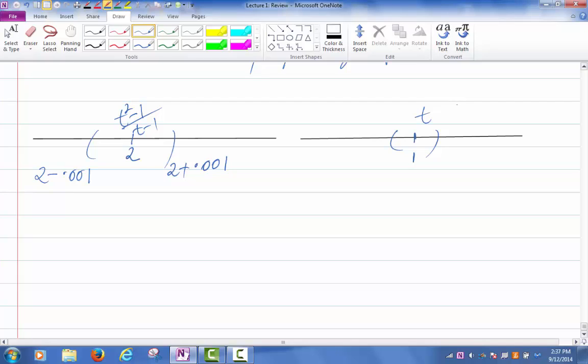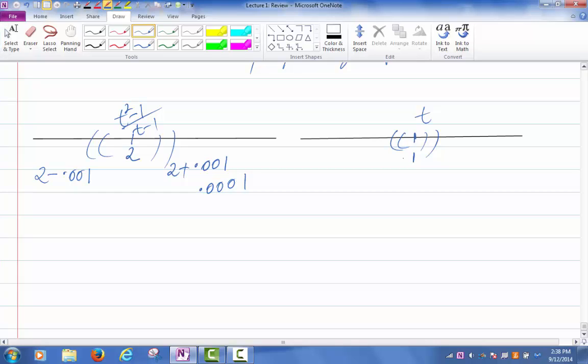Now, somebody else might desire 0.0001 instead of 0.001. That means I want the ratio to be even closer to 2. Can I do that? Well, maybe I have to pick a smaller interval centered at 1 in order to accomplish that. Am I making sense?